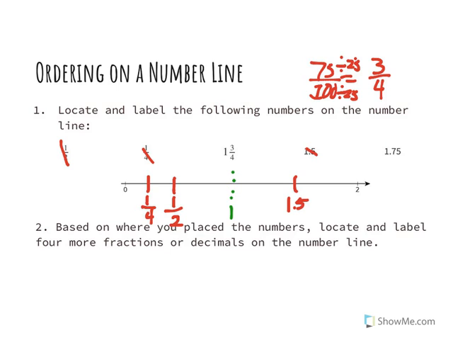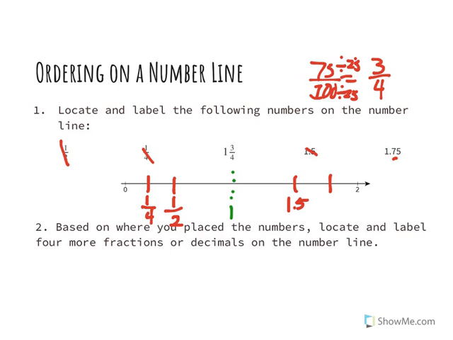So is that bigger or smaller than 1 5/10? Well, 1 and 75 hundredths is going to be bigger because if we look at the tens place, 7's bigger than 5, right? Or if I have $1.50 and $1.75, which one's bigger? Well, $1.75.